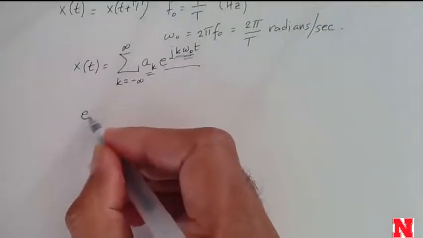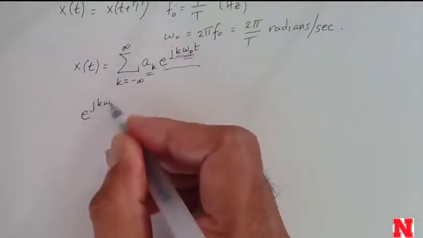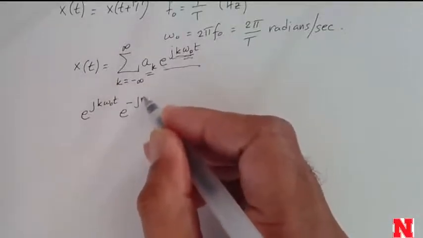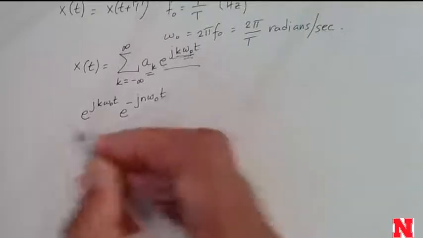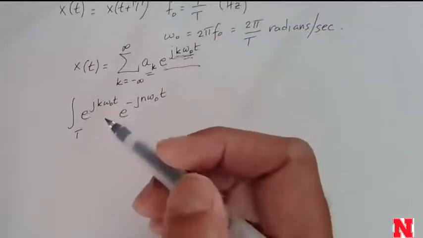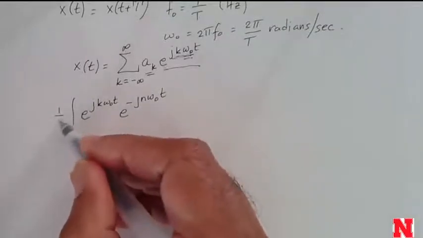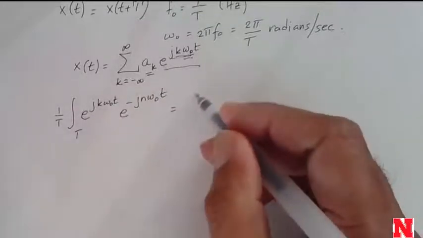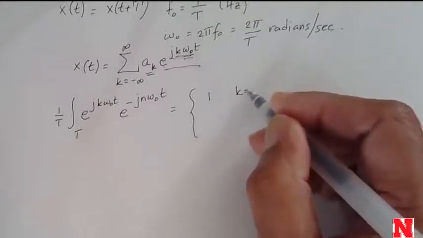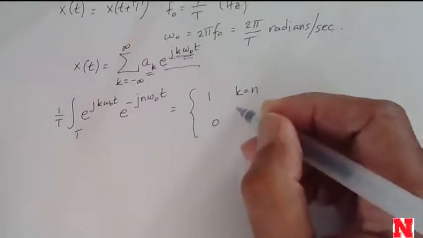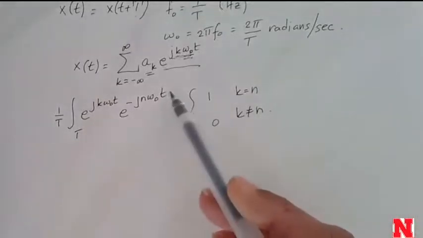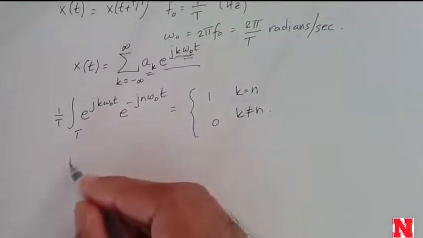If I take e to the j k omega naught t, and I multiply it with e to the minus j n omega naught t, and I integrate it over one period, and it doesn't matter which period you select, and then divide it by T, then this is equal to 1 when k is equal to n, and is 0 when k is not equal to n. Okay, this is very easy to obtain, and I've got it in the notes, and you can see it kind of easy too.